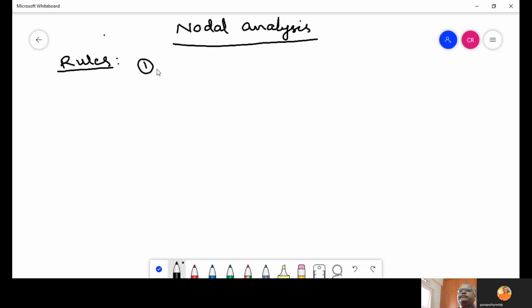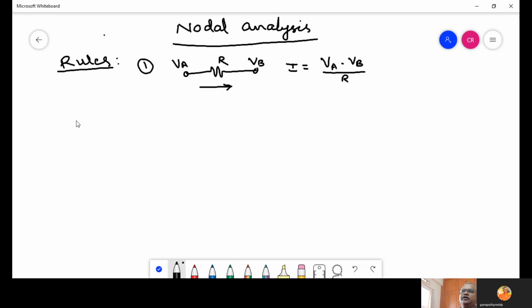First rule. The voltage here is VA. Voltage here is VB. Now we want to find this current. So what is the current equation? I is equal to VA minus VB by R.